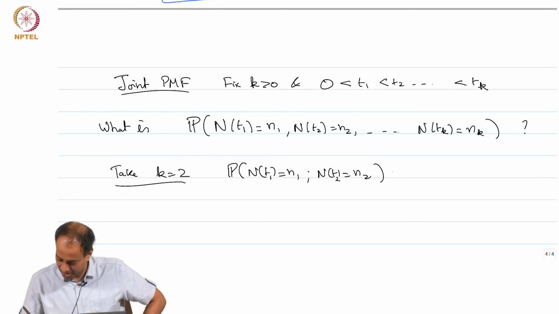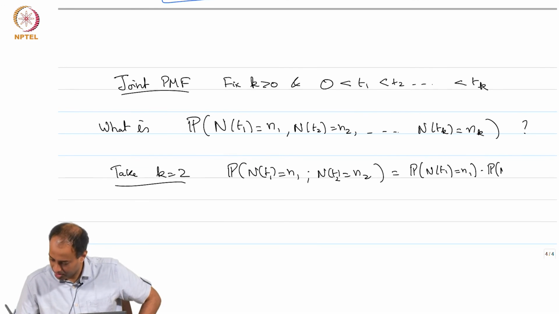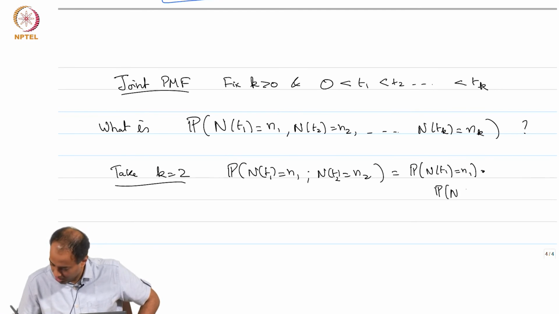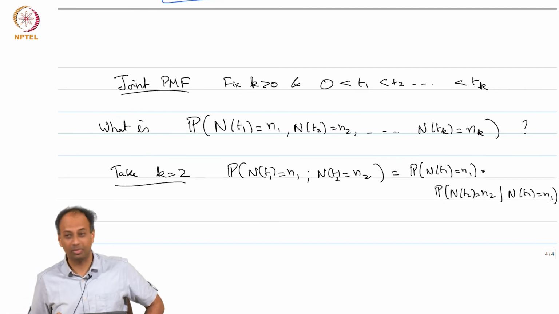Okay. This can be written as the probability that N(T1) is equal to n1, times the probability that N(T2) equals n2 given this conditioning.